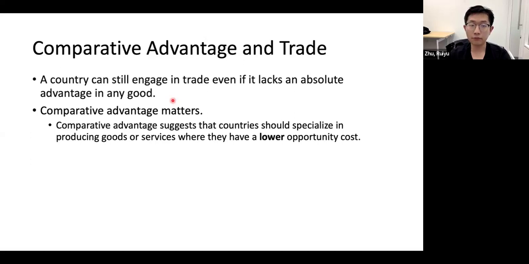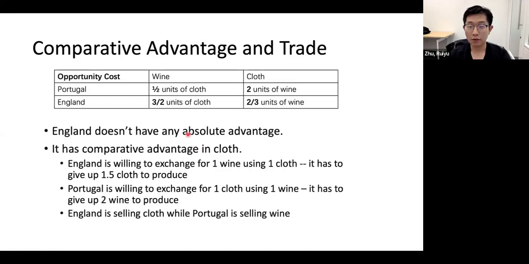So comparative advantage matters in trading. So comparative advantage suggests that countries will specialize in producing goods or services where they have a lower opportunity cost, or where they have a comparative advantage. Why is that? So go back to our example from Portugal and England.